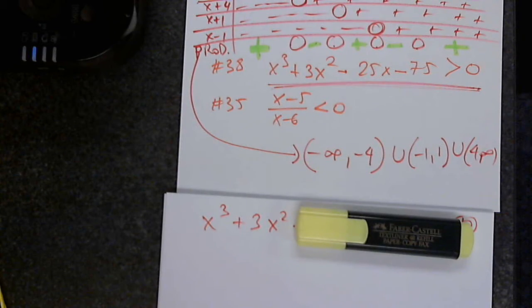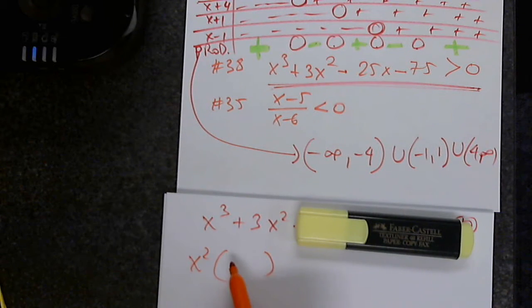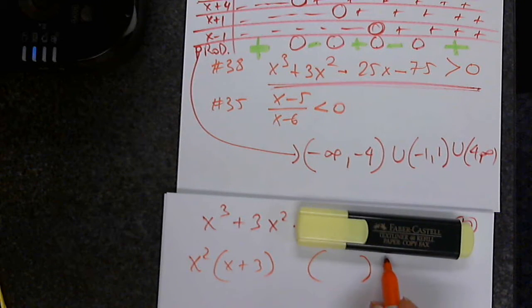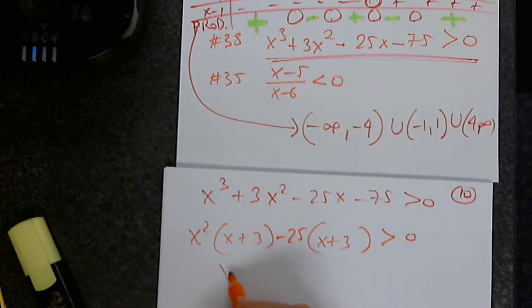From the first two, x squared. Very good. In parentheses, x plus 3. Very good. From the other two, negative 25. So x plus 3. Indeed, negative 25. So then we pull out x plus 3.